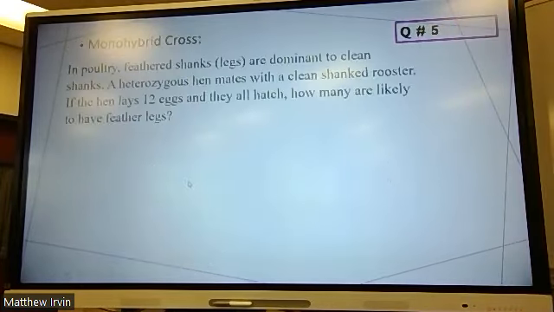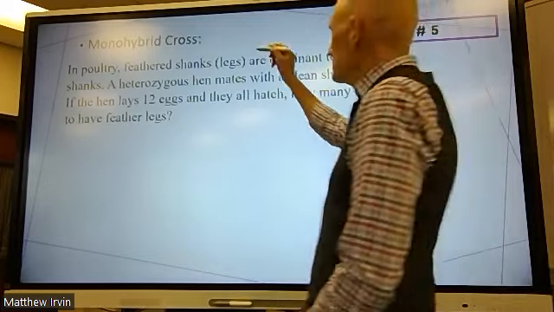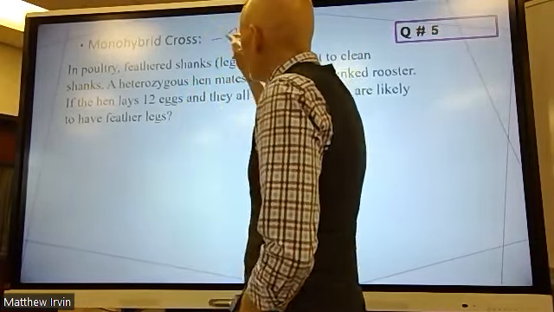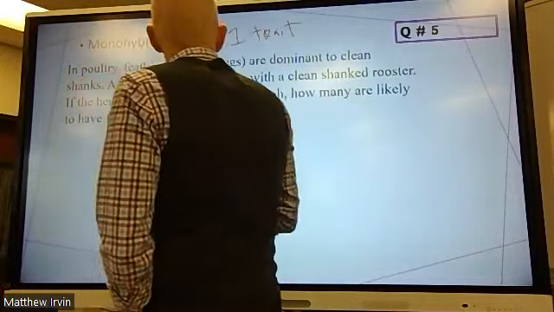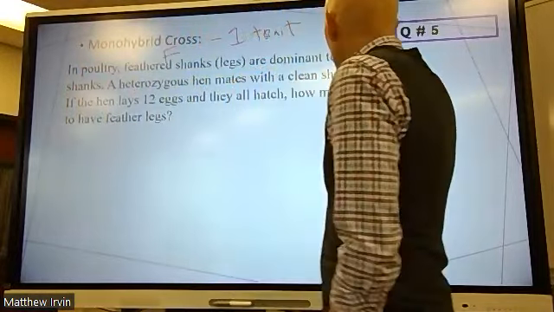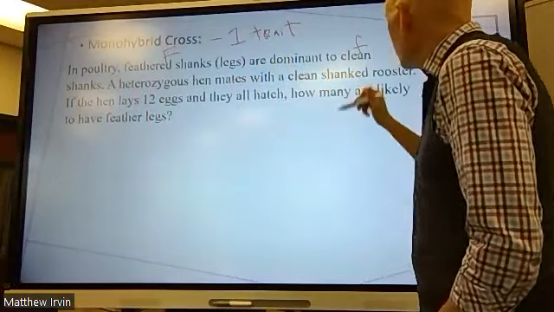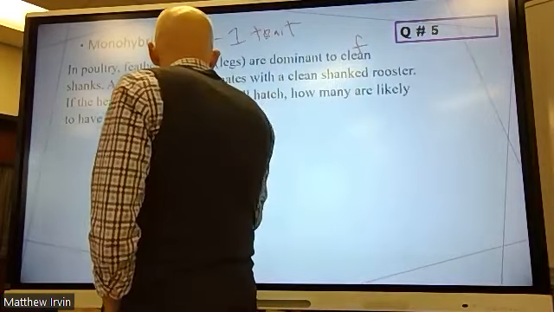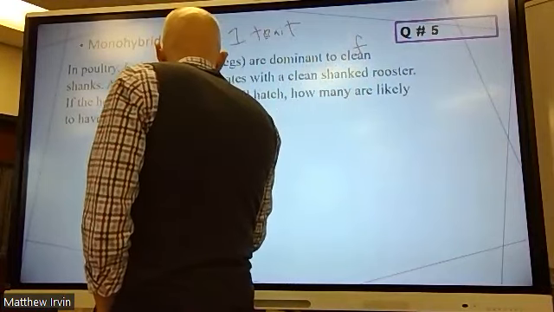So quickly, if we have a monohybrid cross where we're doing one trait, if we have feathered legs, capital F, which is dominant over non-feathered or clean legs, lowercase f, a heterozygous hen, so that means that she is big F, little f.